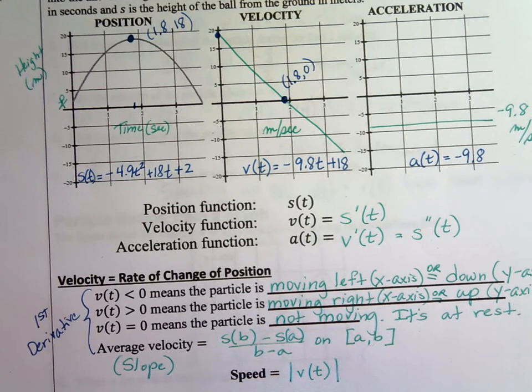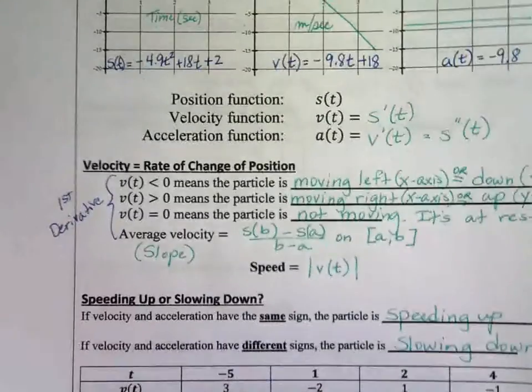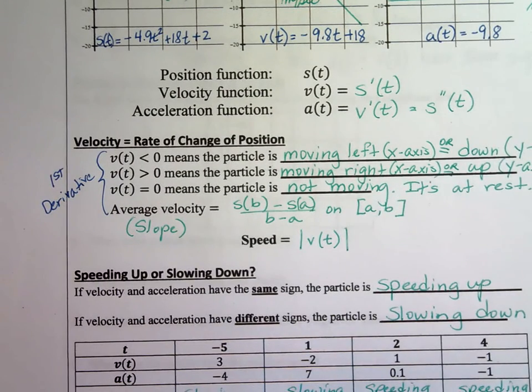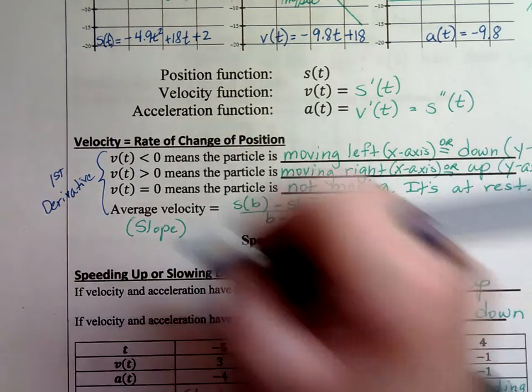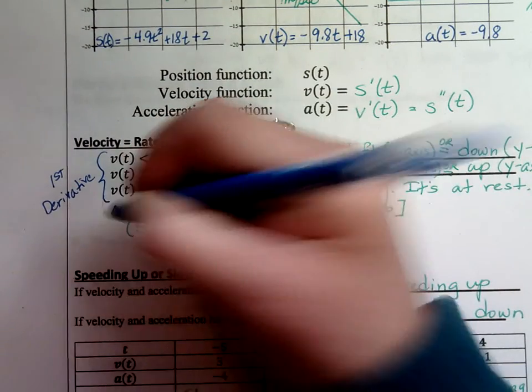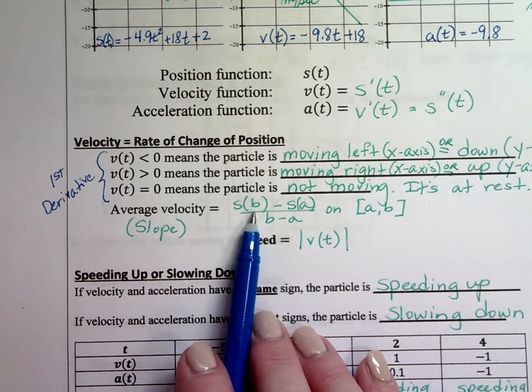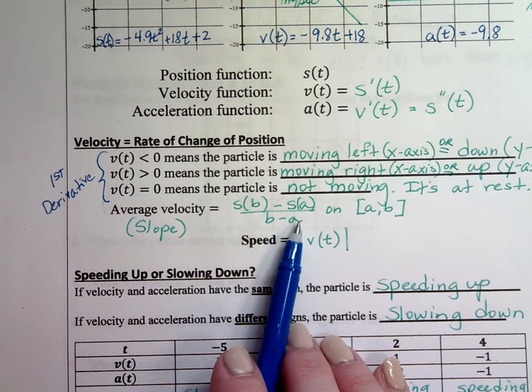If they ask you for the average velocity, well, we learned this way back when. Average velocity just means the same thing as slope. So s of b minus s of a over b minus a, because remember it's an s.